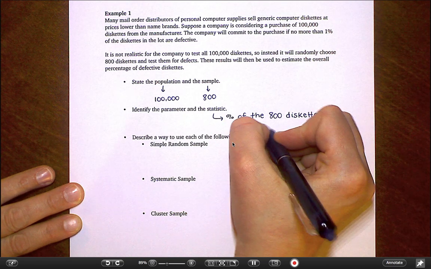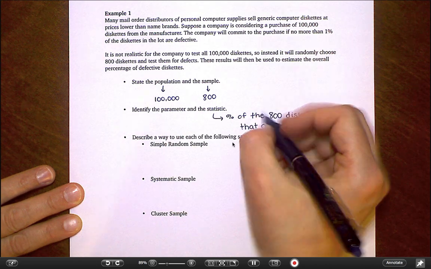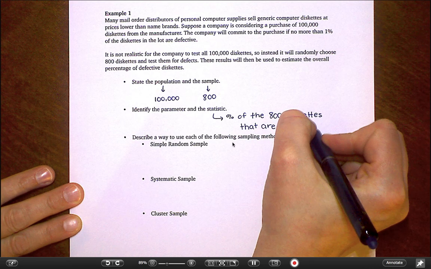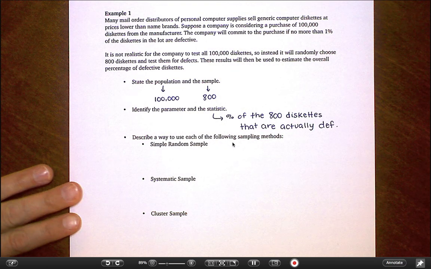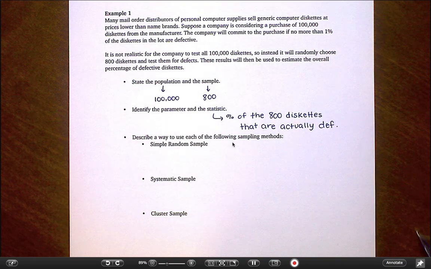So these are the ones we're actually testing, so we can come down to a firm number here. The parameter would then be me taking that statistic and generalizing it to the entire population.